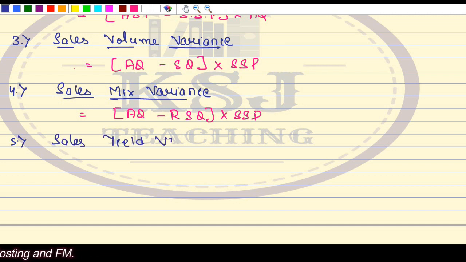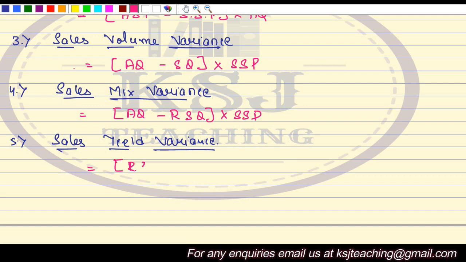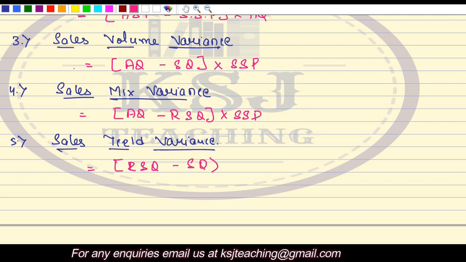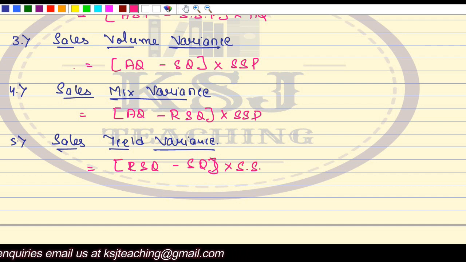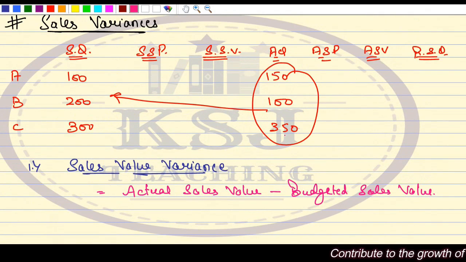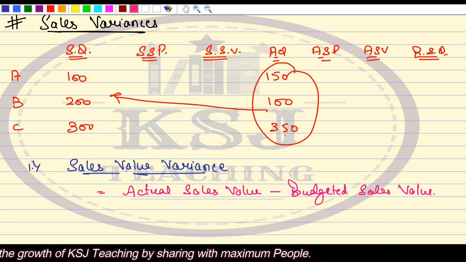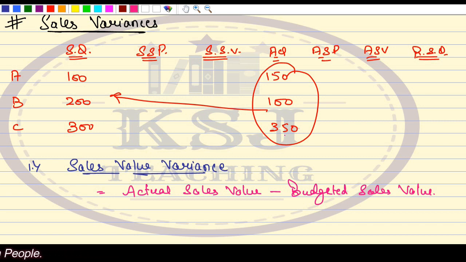Sales yield variance is revised standard quantity minus the standard quantity multiplied by standard selling price. Right? This is all about the sales variances. The same fundamentals. The only thing is that it becomes easy because you don't have to calculate the standard quantity for actual output. There is no fundamental as such that you need to calculate the standard quantity for actual output. Nothing of that sort.